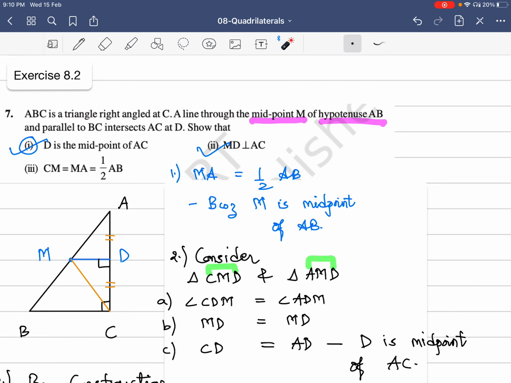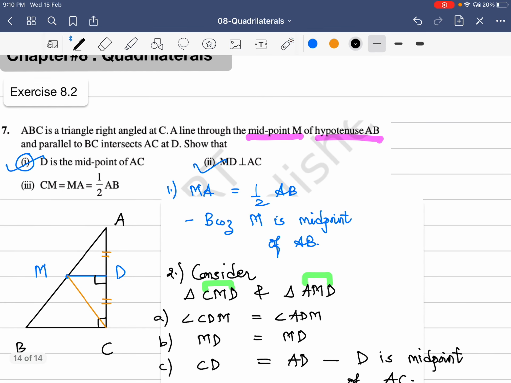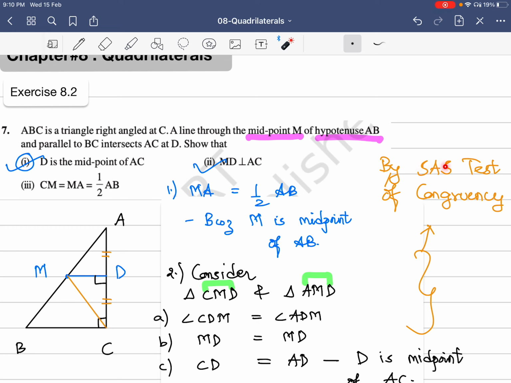So all I want to say is from this discussion we can conclude that by SAS test of congruency. Note important point that angle has to be inclusive between the two sides. So side, then this angle and this side. That's how we got the SAS test.